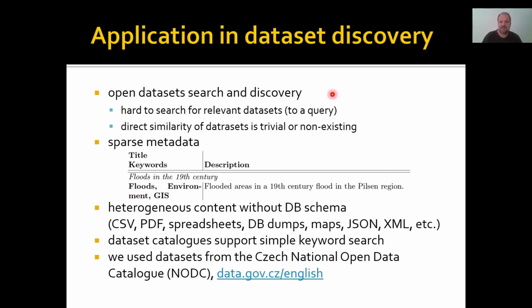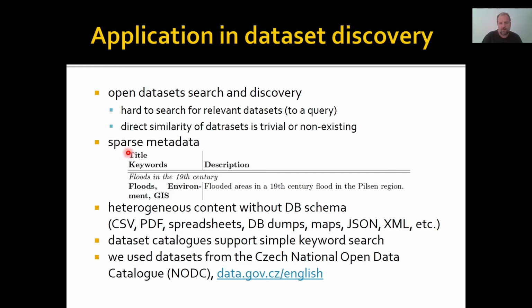And these datasets are really hard to search because they have very bad description. And the models based on direct similarity used for searching datasets are not applicable because they return very trivial results or do not return any results at all. And the reason is that there is very sparse metadata associated with the common datasets.